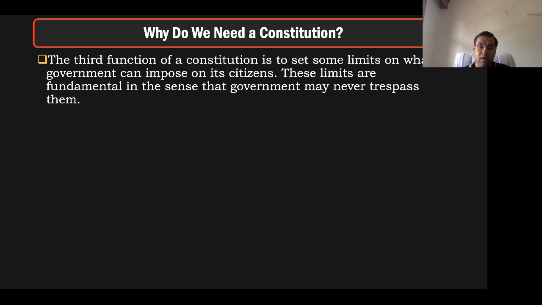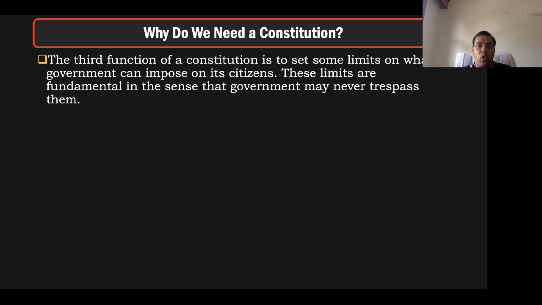So what happened? A constitution amendment was done where it was explicitly stated that while emergency is in operation, you cannot take away certain fundamental rights like Article 20 and 21. Right to life cannot be taken away. These limits are fundamental in the sense that government may never trespass them.